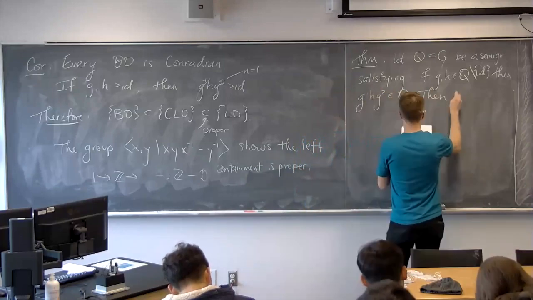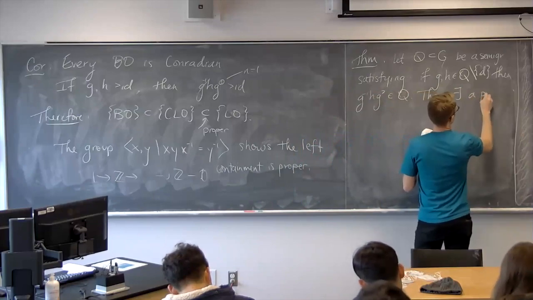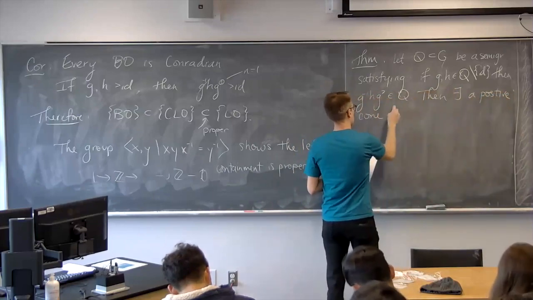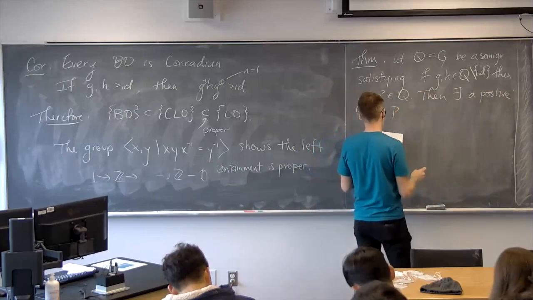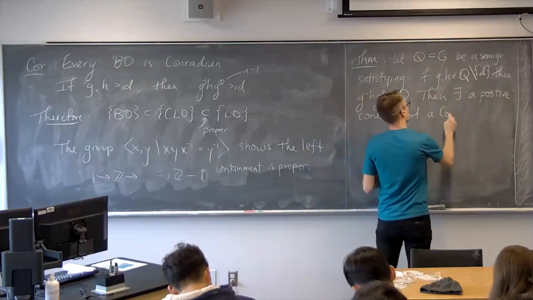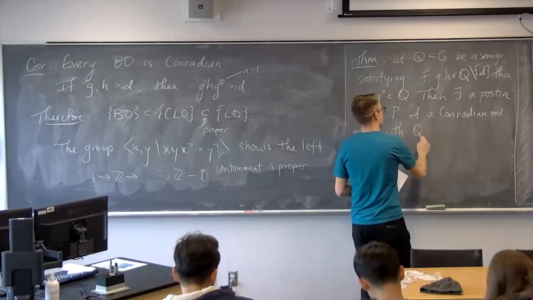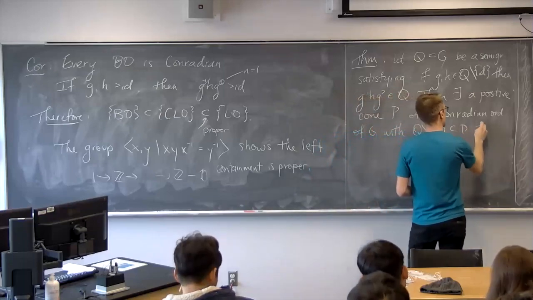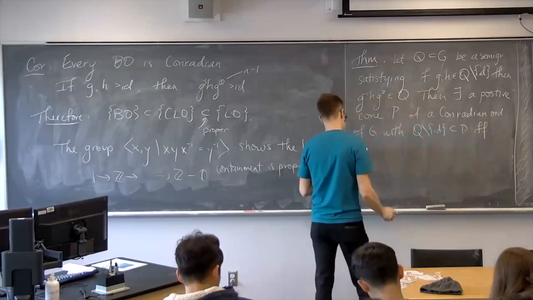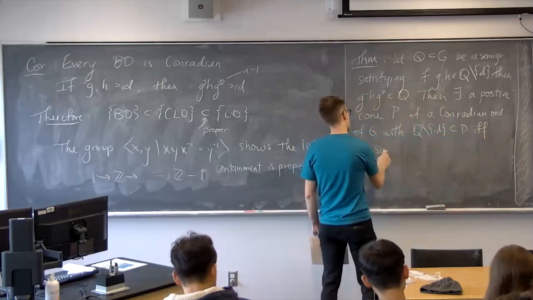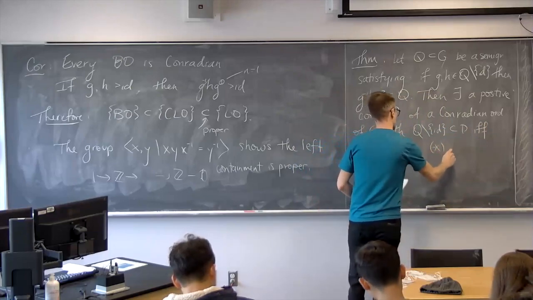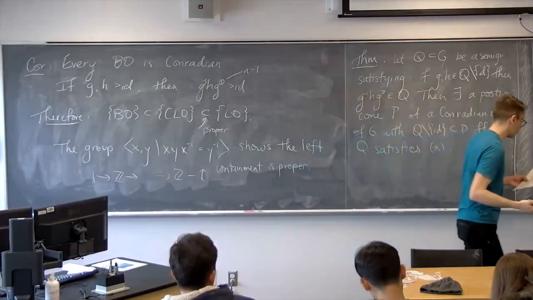Then there exists a positive cone P of a Conradian ordering of G with Q minus the identity contained in P if and only if Q satisfies star, where star is something that I have to write down now.